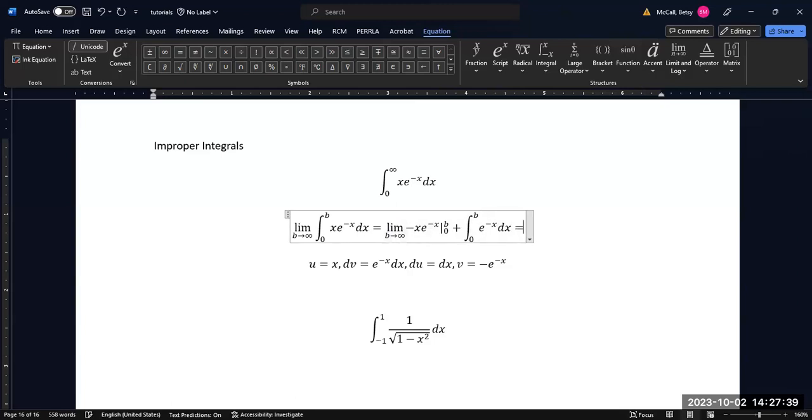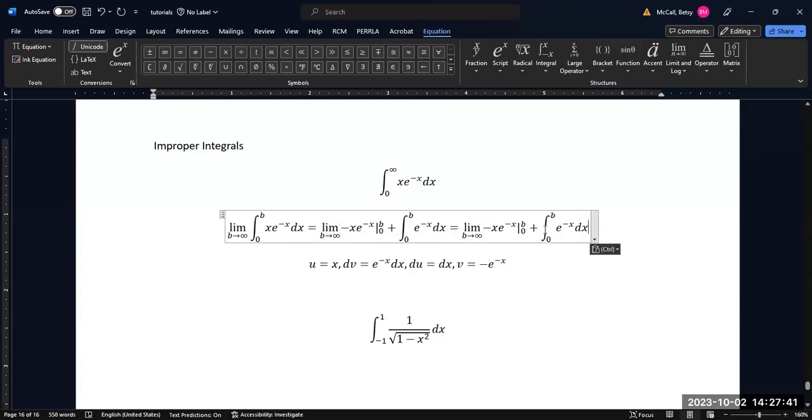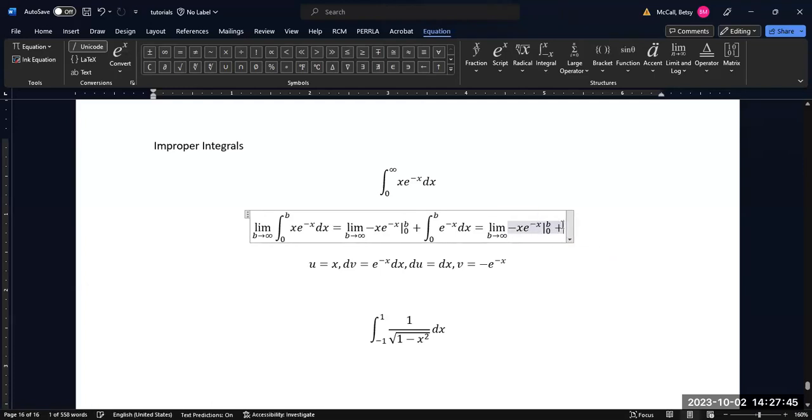And finally, we can evaluate our last integral. And this e to the negative x becomes negative e to the negative x. And again, we're evaluating it between 0 and b.